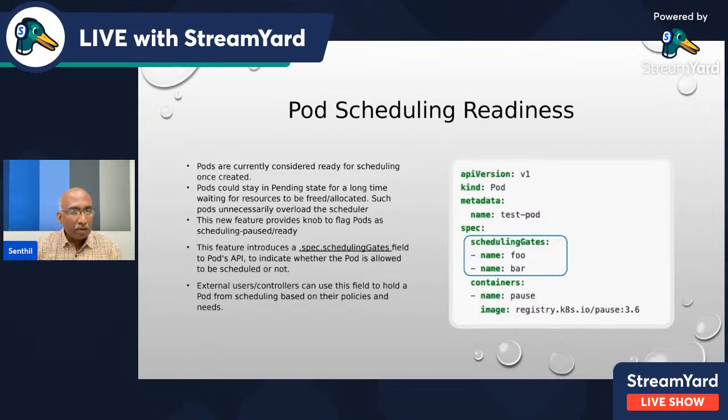So this is something very similar to that. As long as the scheduling gates field has some valid list of key value pairs, the pod is not considered for scheduling. So the complete list of key value pairs in the scheduling gates has to be removed in order to start the scheduling process itself.